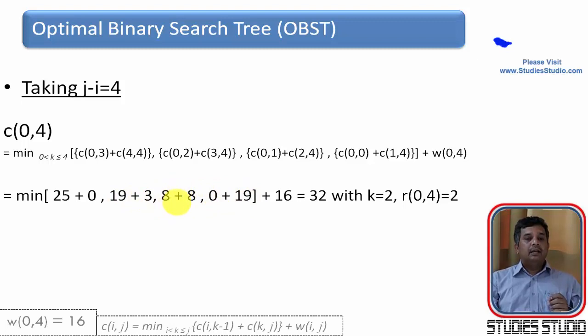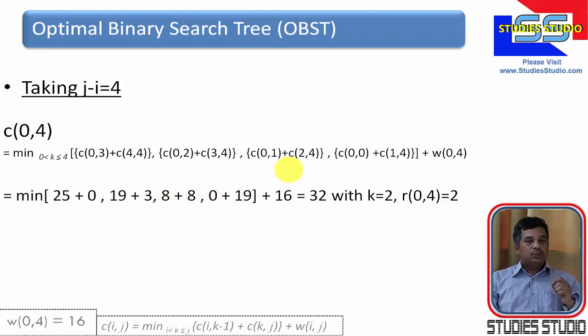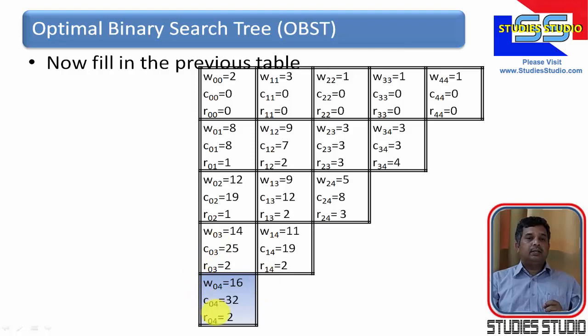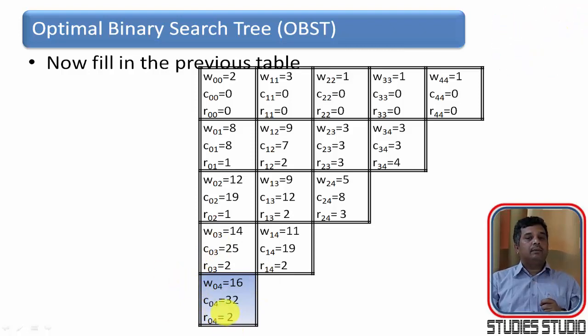Out of these, 8 plus 8, 16 is smaller for this part. That is k equal to 2. So k becomes 2. So R04 value is 2 and C04 value is 32. Now substitute it here. Now half of the work is over.